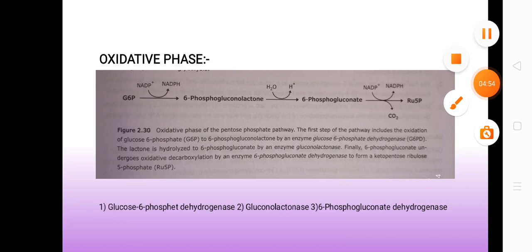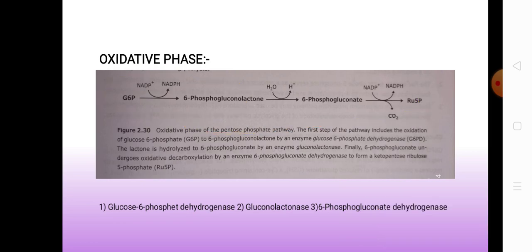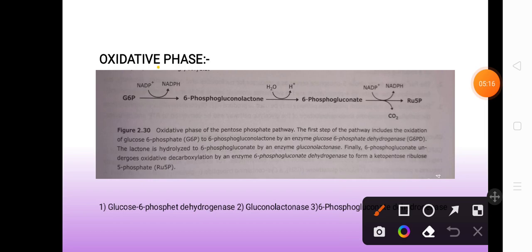Now there is a regulation in the oxidative phase. The committed step is this one. If it happens, then the entire thing will surely be completed. That is the concept of a committed step. If the committed step happens, then the entire pathway will occur. The committed step can be regulated by the concentration of NADP plus.